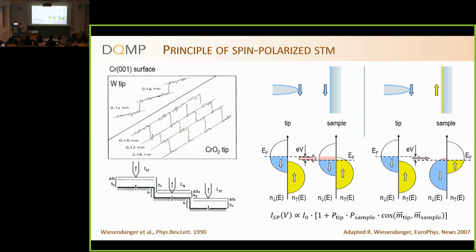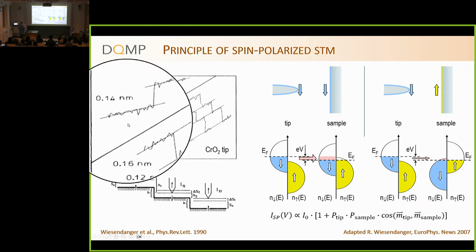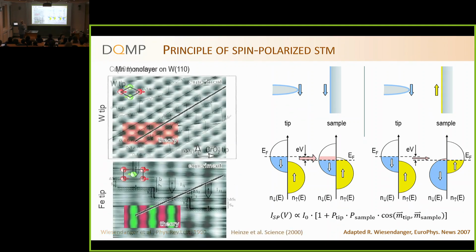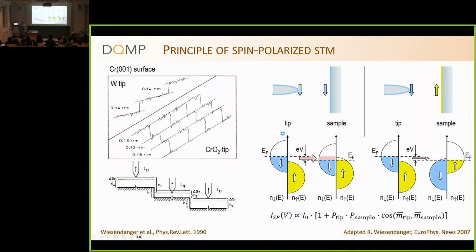The first example was on a chromium 001 surface, which has ferromagnetic terraces, but where the orientation changes from terrace to terrace anti-parallel. If you image such a surface with a normal tungsten tip, you will see that each step is the same size. If you go along this line here, each step will be the same.